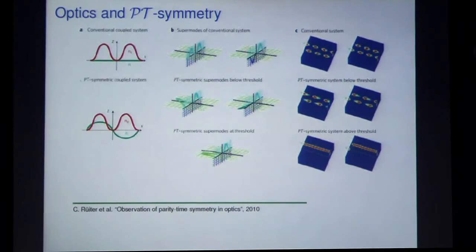Now, if you have a PT symmetric system with this imaginary part of the index of refraction, we have two behaviors. If you inject light that is also eigenvector of the PT operator, light will behave like this. And if you have light that is not eigenvector of the PT operator, all the light will travel in one waveguide.